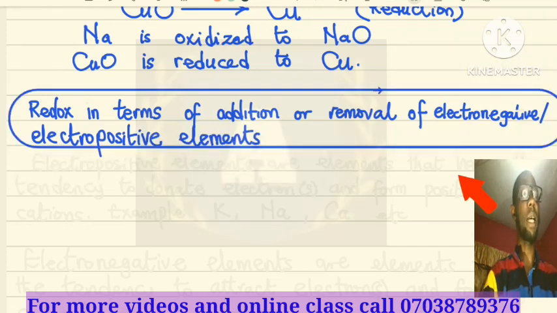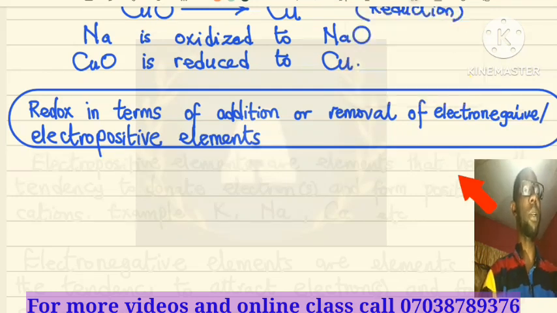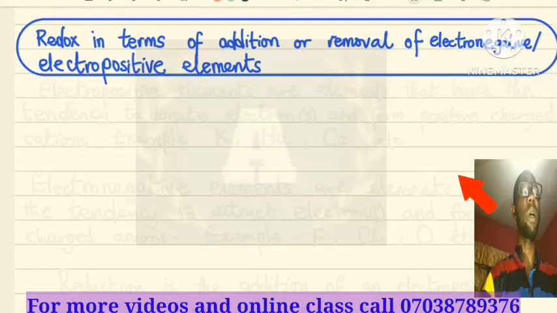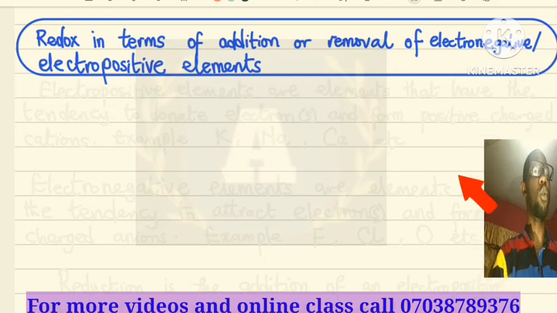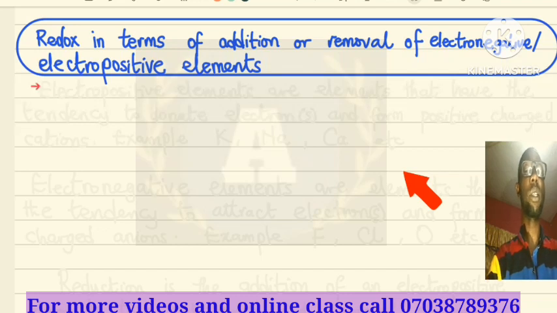That is another method, another way of defining redox reaction. But meanwhile, we must understand the meaning of electropositive element, and also the meaning of electronegative element. So now, what is an electropositive element?